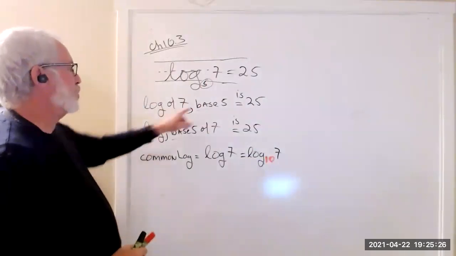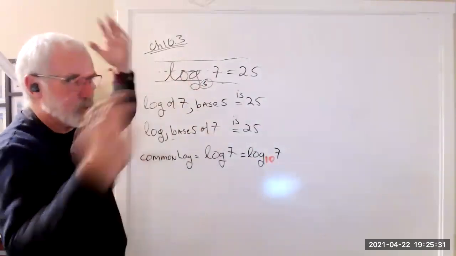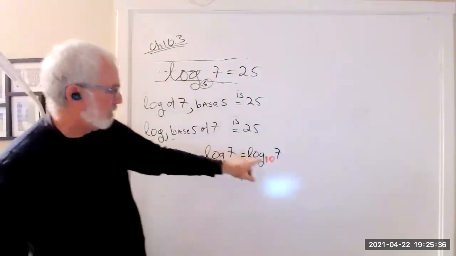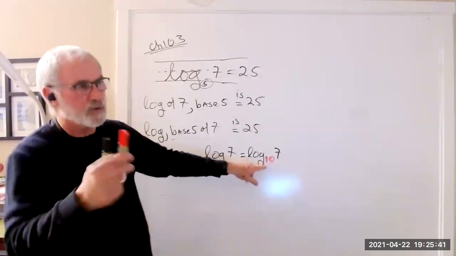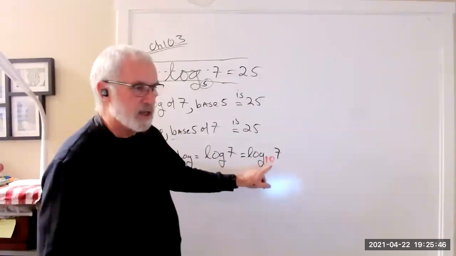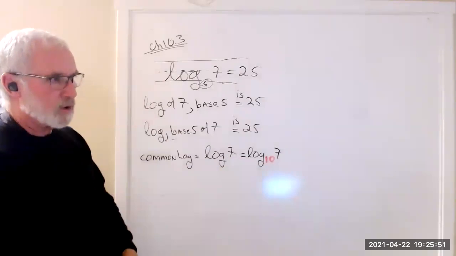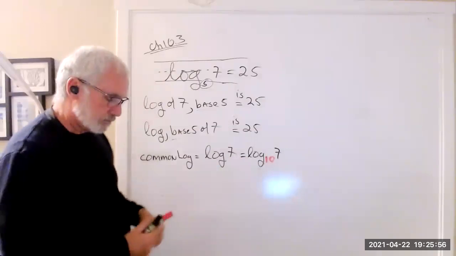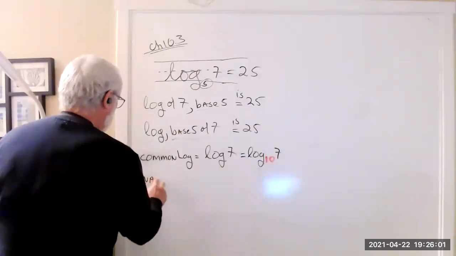So if you don't say the word base 5 or base 3 or whatever, everybody will assume you meant base 10. And they will all get different answers than you implied. So that's called the common log. It's assumed to be base 10 if I don't write it. Always, even on your calculator, even in the textbook. We also introduced something called the natural log.